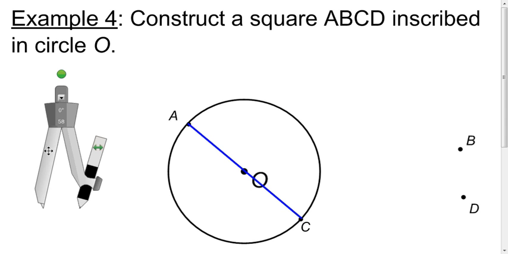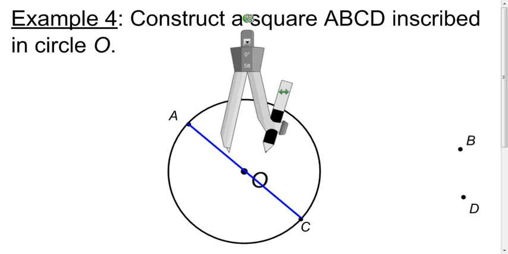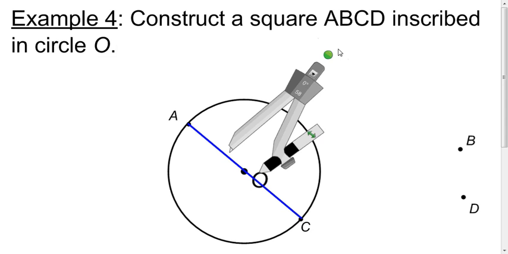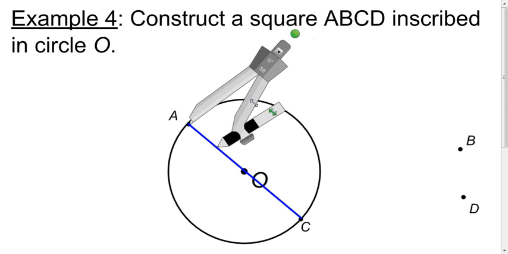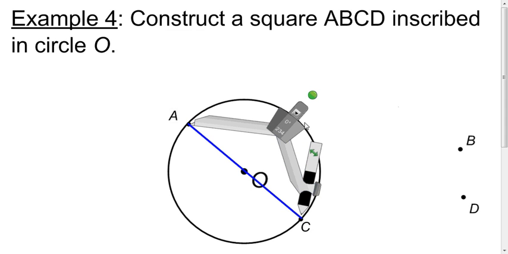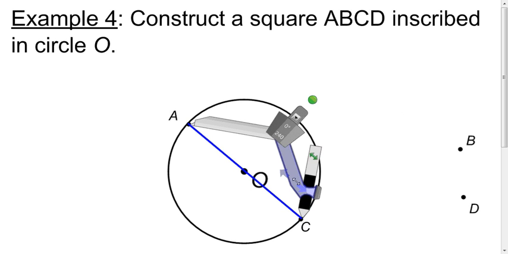So take the compass, put it on A, and we're going to do the perpendicular bisector construction here. So open it up to C. Nope, let me open it a little bit more. There we go. And let's do this one in red.